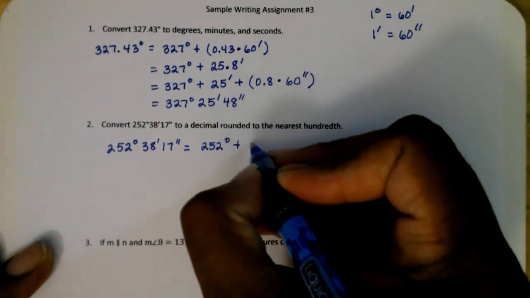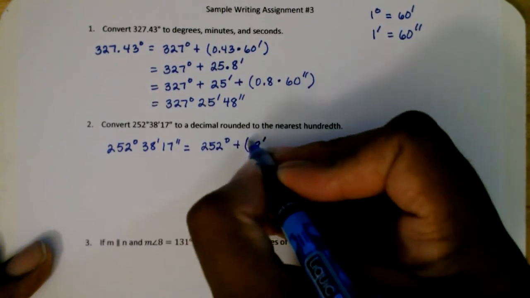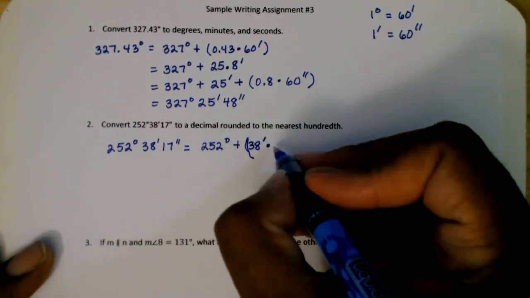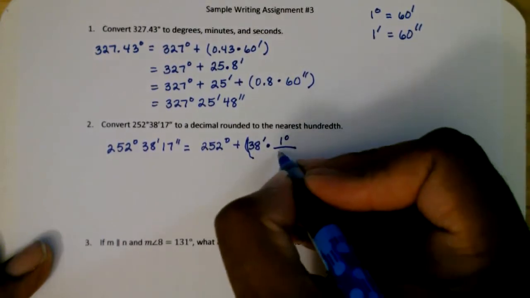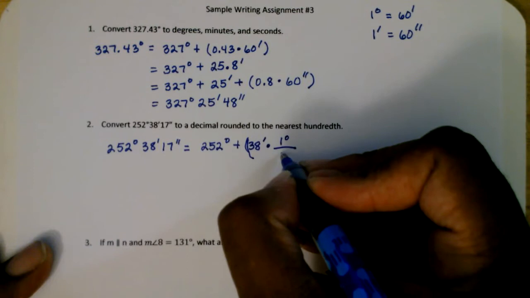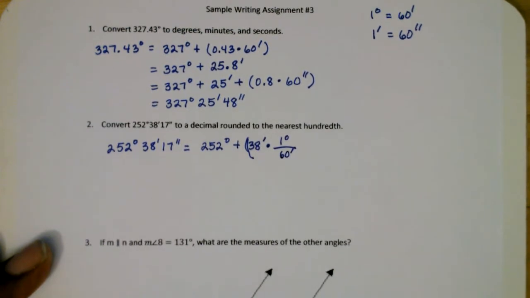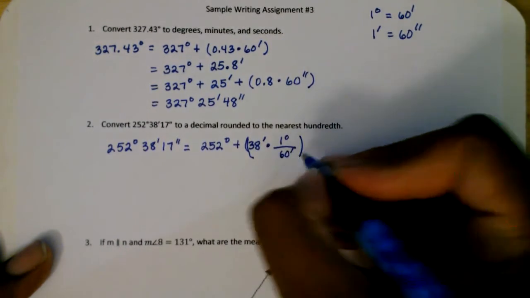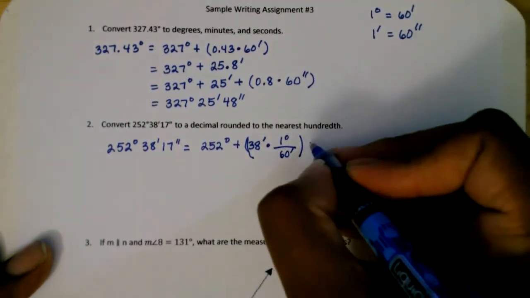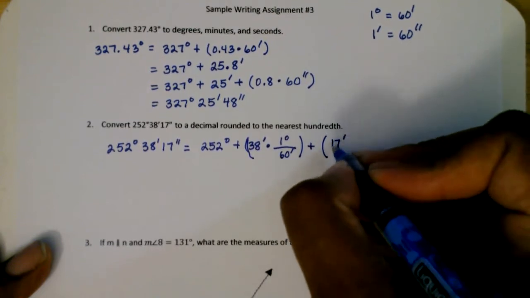So I'm going to do 38 minutes times, for 1 degree, that 1 degree goes in the numerator, and I'm converting from minutes to degrees. So the minutes has to go in the denominator. The degree has to go on top. And then plus, I've got 17 seconds here.